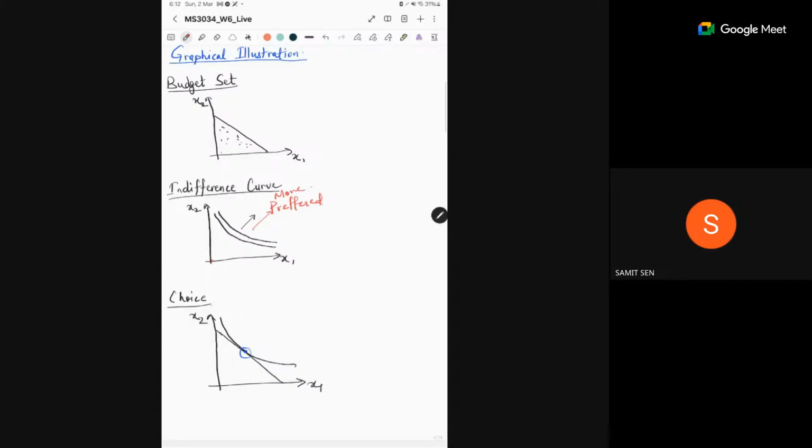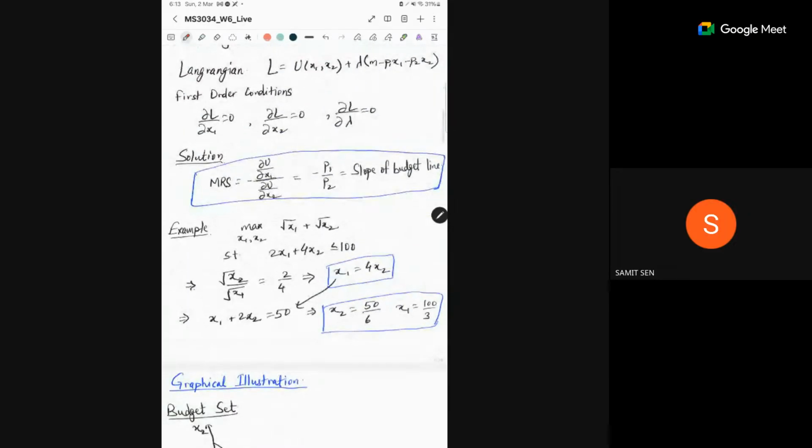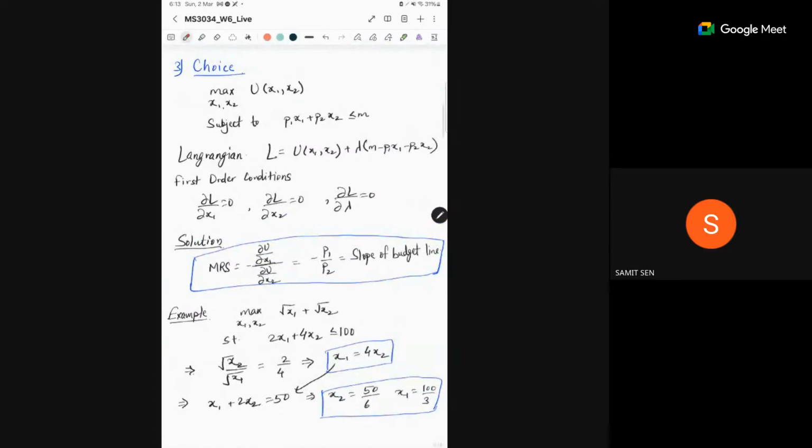If we combine both of them, the budget set is fixed, so I want the indifference curve which is farthest away from the origin, so that would be the one that is tangent to my budget line. Correct, and that is essentially the solution to the choice problem.